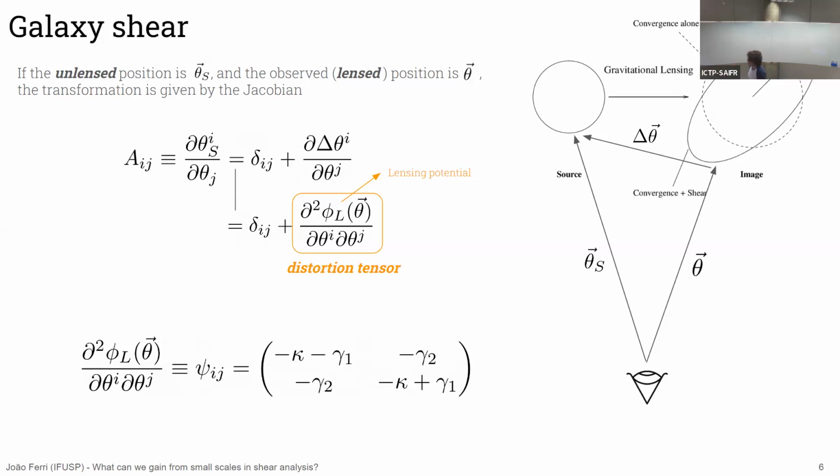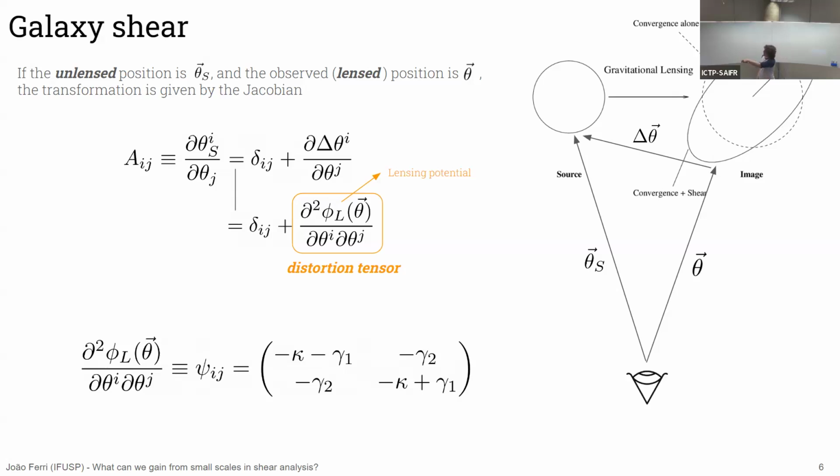Yes. Fine. Basically, yeah. You can go further and decompose this distortion tensor into 3, let's say, main components. So this distortion we can think of as a sum of 3 components that we call the convergence, which is responsible for the magnification of the image.